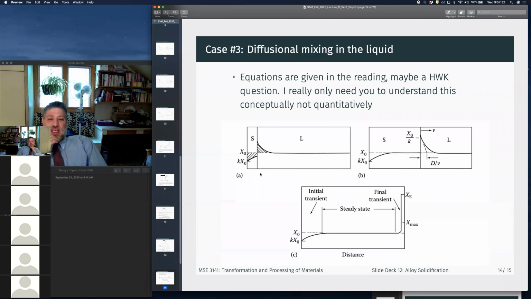So if we think about what happens here, it starts out exactly the same as our previous case. We're going to start freezing out at Kx0. But because we don't have perfect mixing, we get this pileup of composition, of solute here.